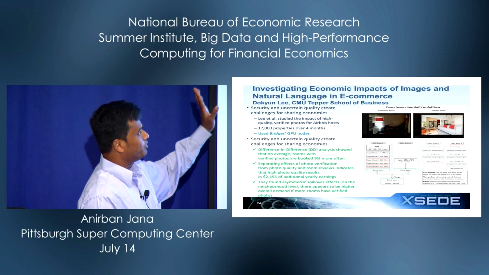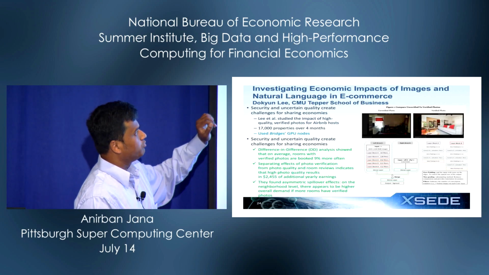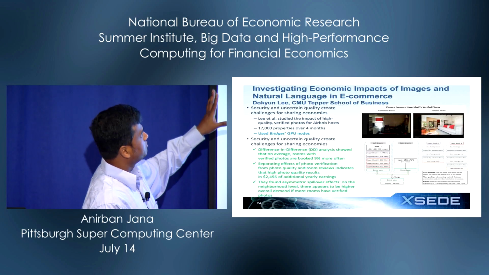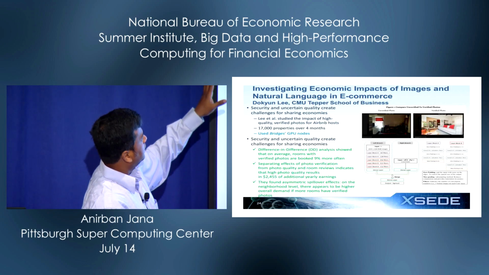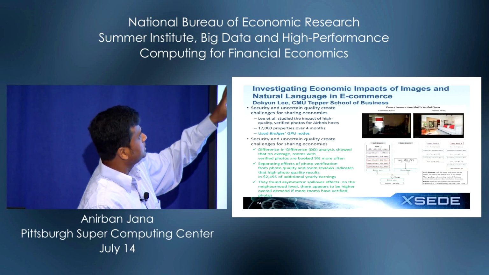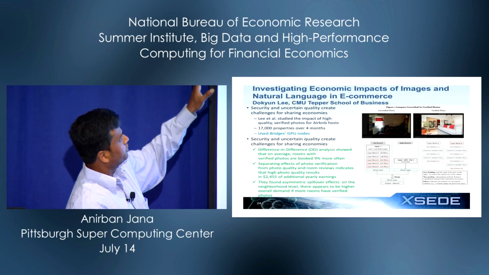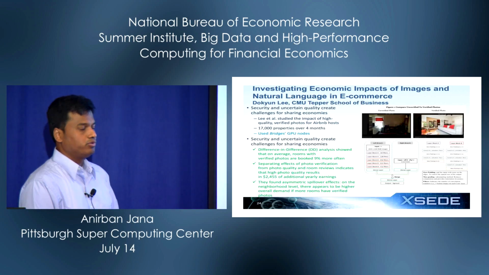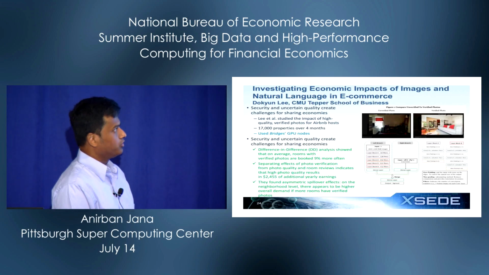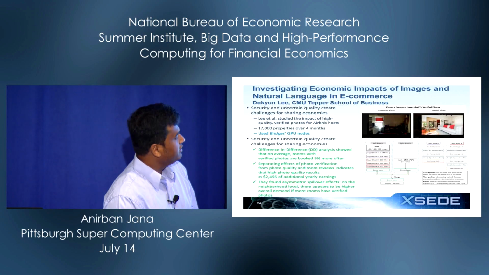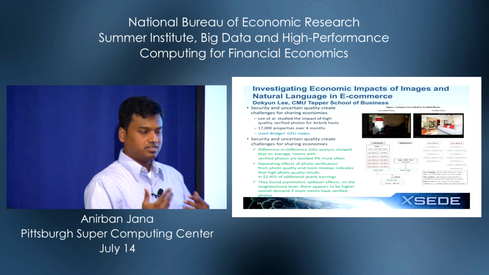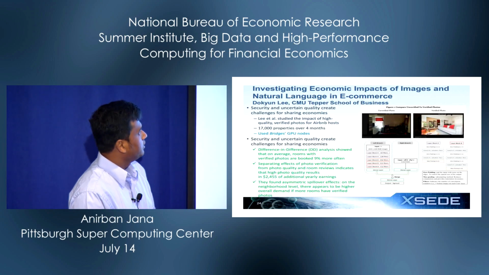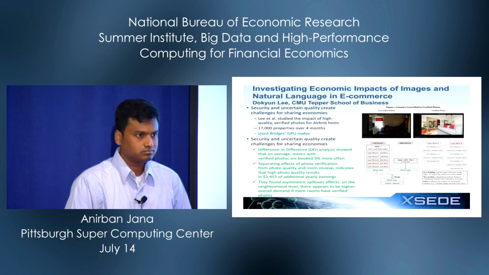Here's another example that was recently done on Bridges, and that uses machine learning. This project was about looking at the economic impacts of images and natural language in e-commerce, specifically the impact that verified photos and high-quality photos can have on Airbnb business.